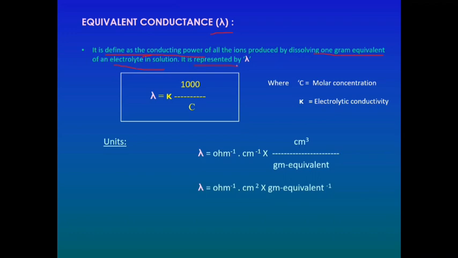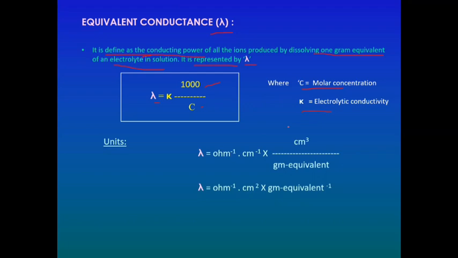So it is represented with lambda. Then how can you write the mathematical equation for the equivalent conductance? Lambda is equal to K into 1000 by C, where C means molar concentration and K means electrolytic conductivity.